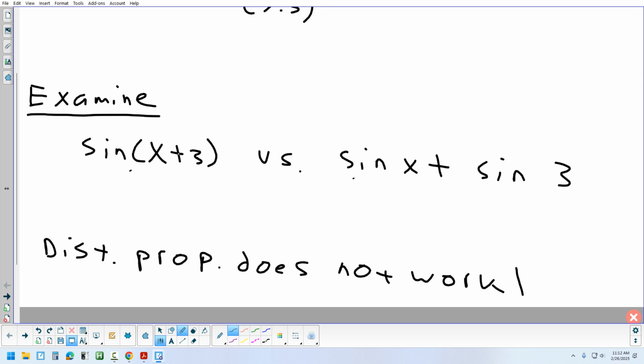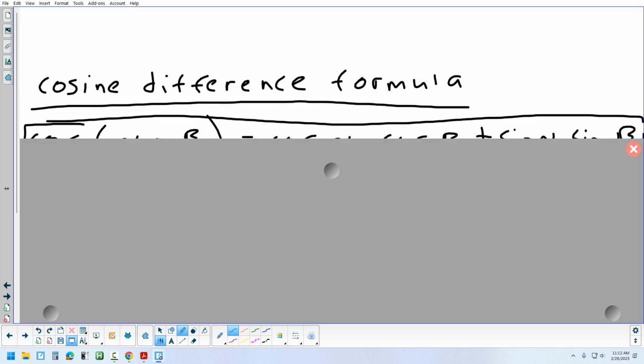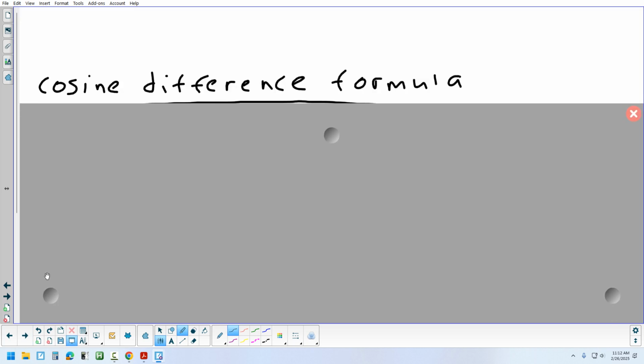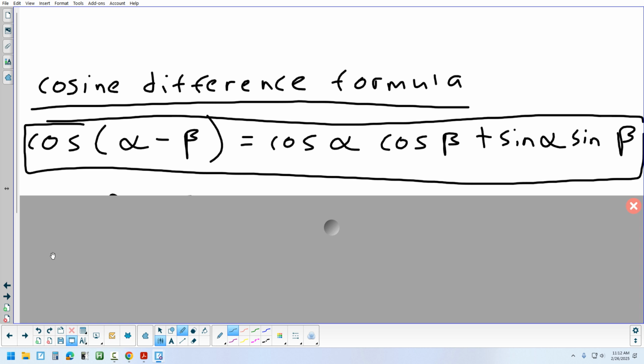So I'll show you what the formulas are. And we're going to start out with what's called the cosine difference formula. Cosine difference formula means the function is a cosine and you have subtraction inside. It's not hard to prove some of these formulas, and we might do one where we prove it.